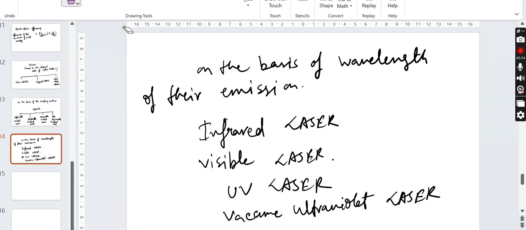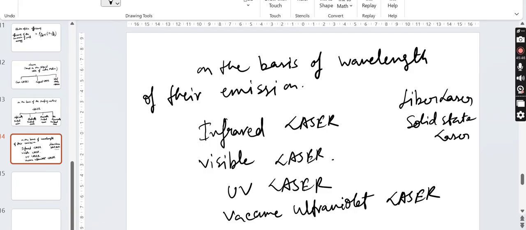And there are other kinds of lasers: fiber laser, solid state laser, excimer laser, free electron laser.